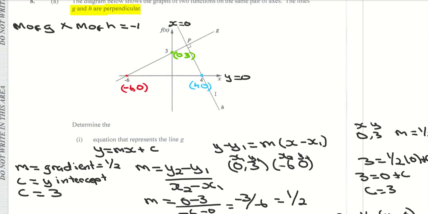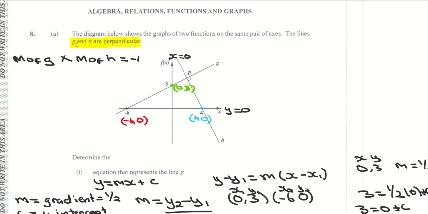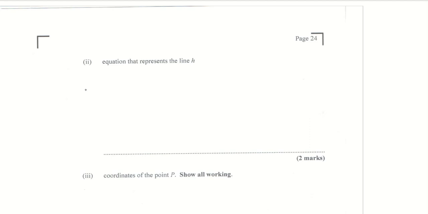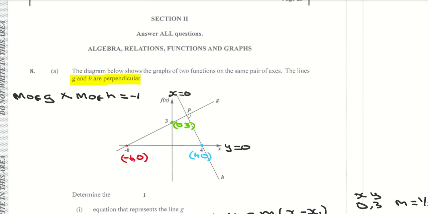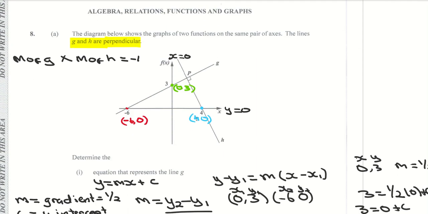Now, if we look at this, they said the equation that represents line H. Because they said that the lines G and H are perpendicular, you know that to find the equation of a line is y is equals to mx plus c. We have a coordinate on line H, which is (4, 0).